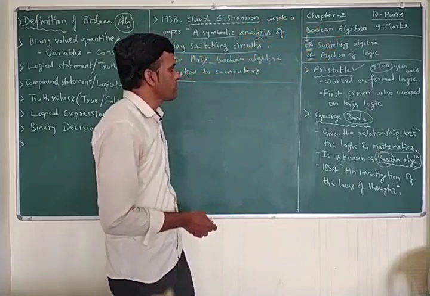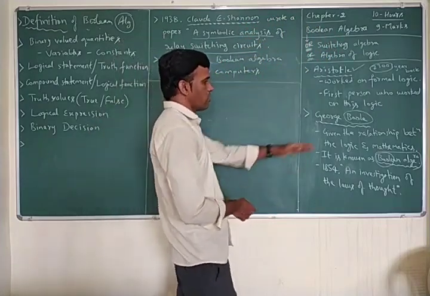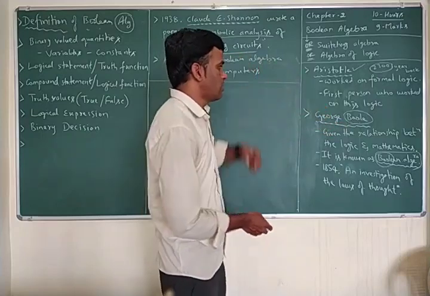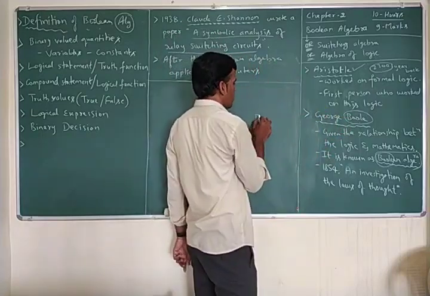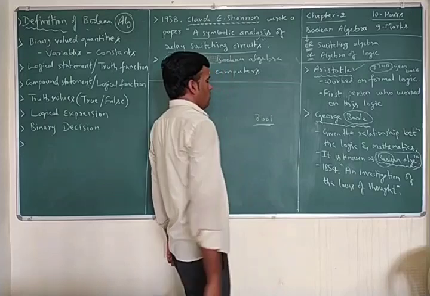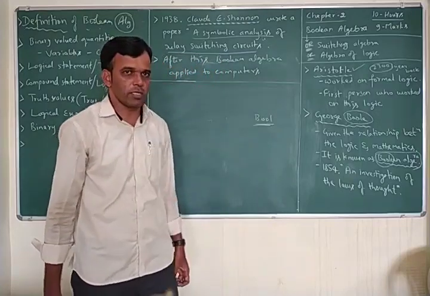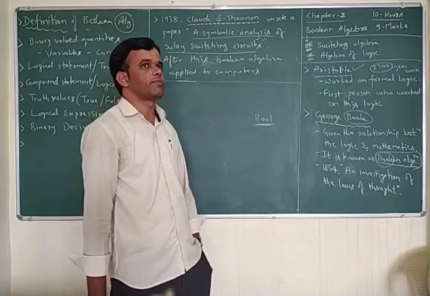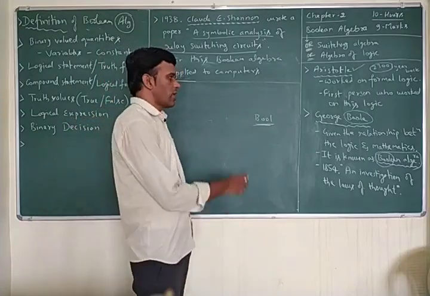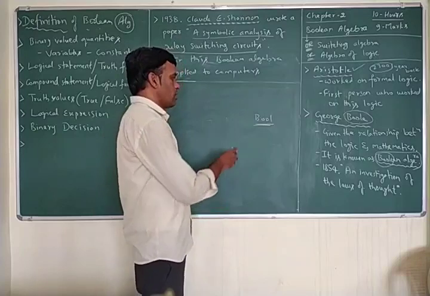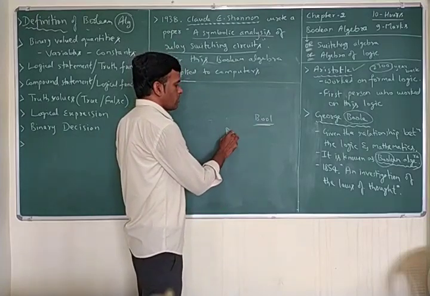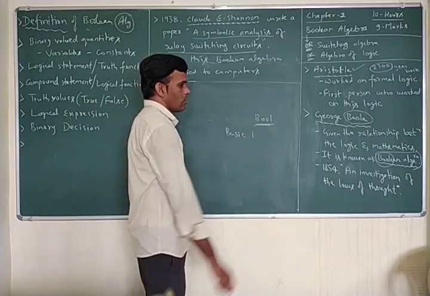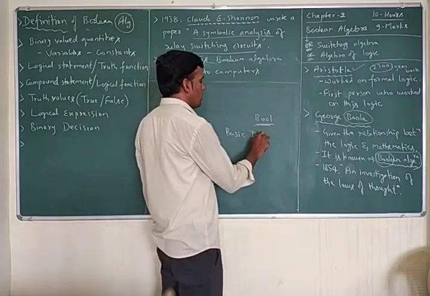Boolean algebra got its name because of this person, and this bool name we have seen in first year in the C++ unit, in the introduction to C++, if you can remember, in the basic data types.